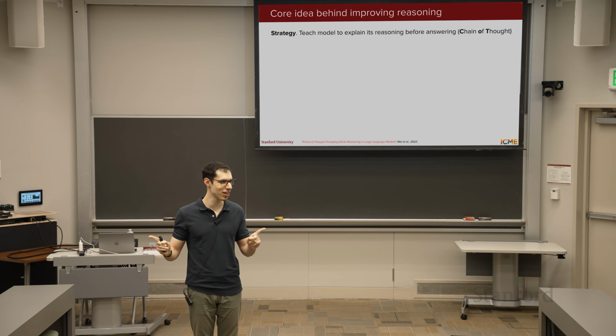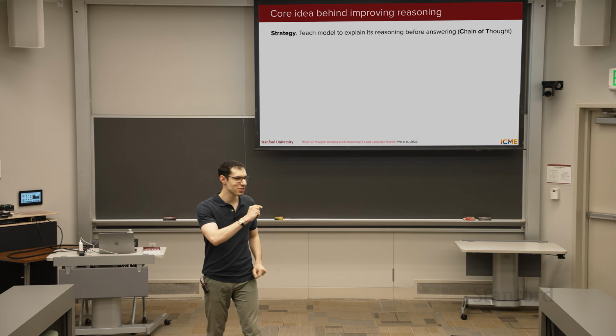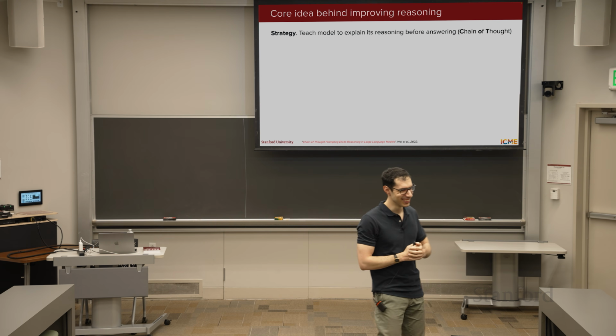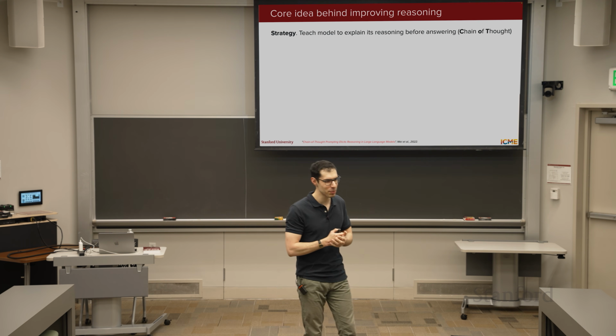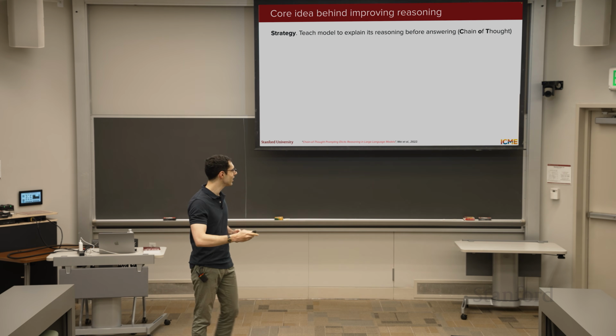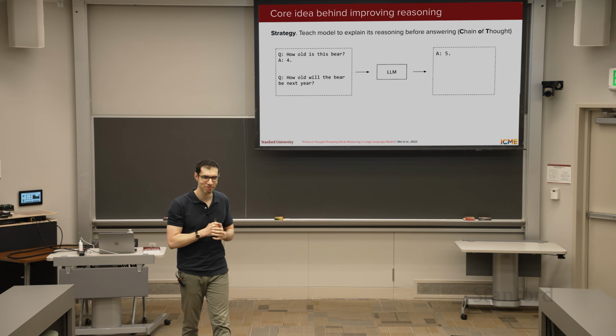So who remembers what chain of thought is? Yes, do you want to say what that is? Yeah, exactly. The answer is thinking in steps instead of just giving a blanket answer. So great answer.